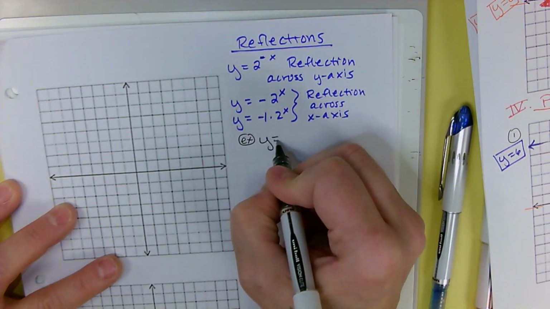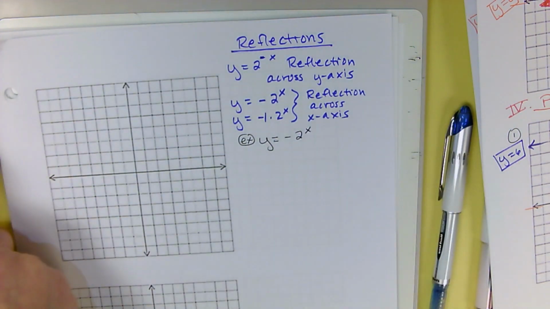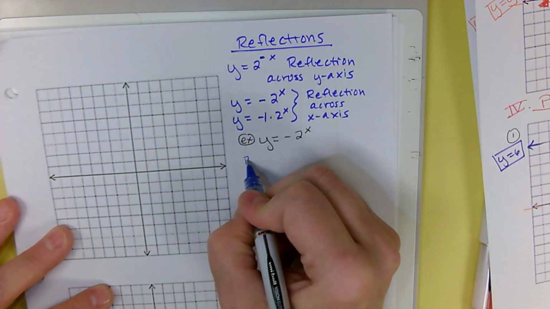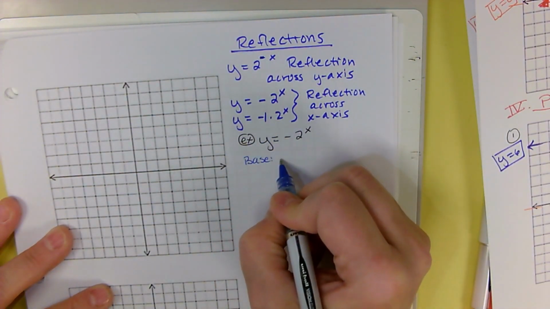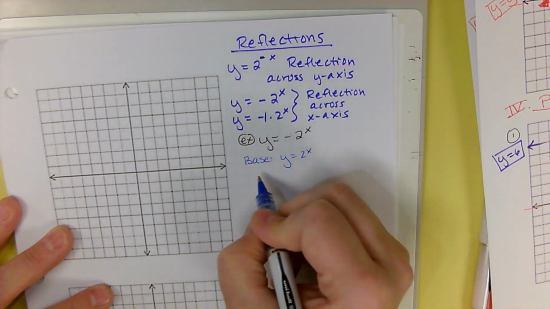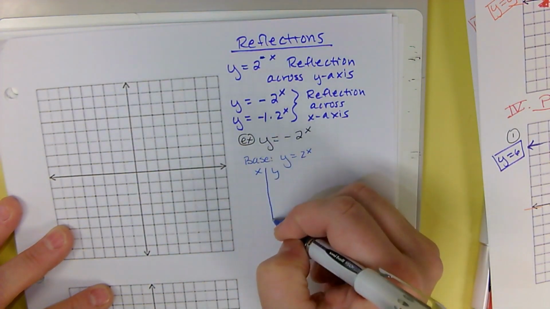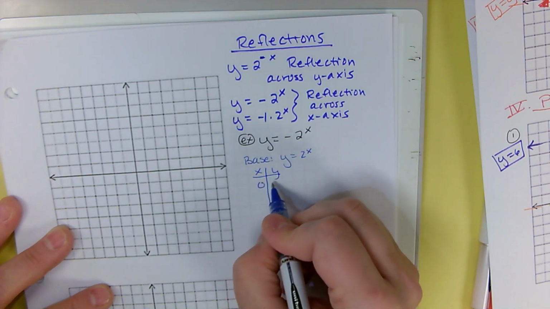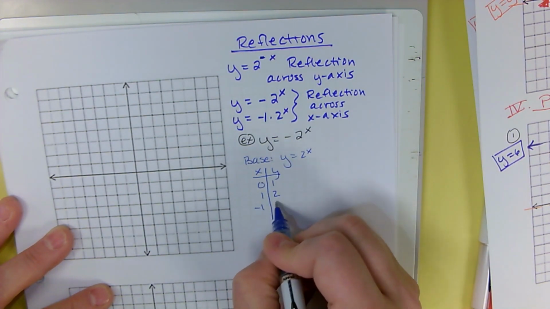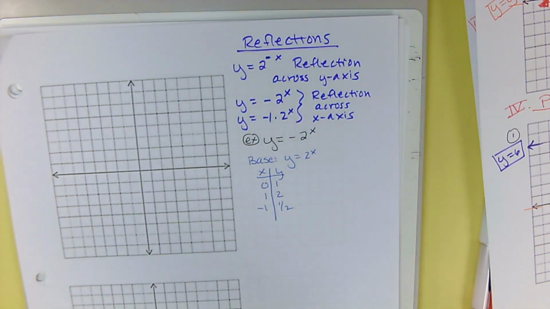So we're going to do y equals negative 2 to the x. Our base graph is the same, y equals 2 to the power of x. So I'm just going to copy those points we calculated: (0, 1), (1, 2), (-1, 1/2). So just like before, you're going to plot the base graph.